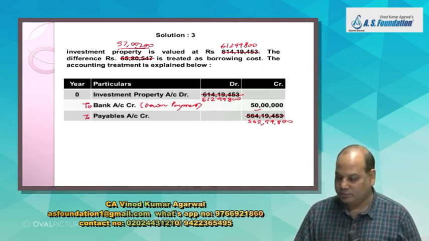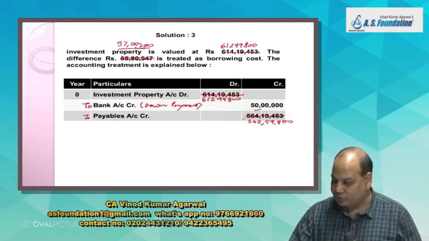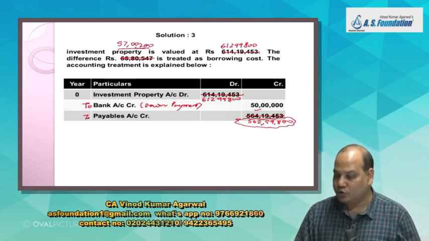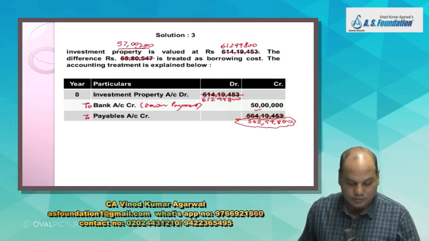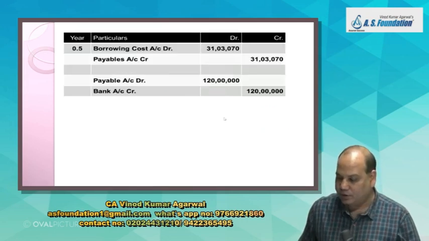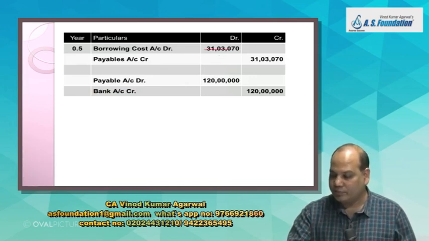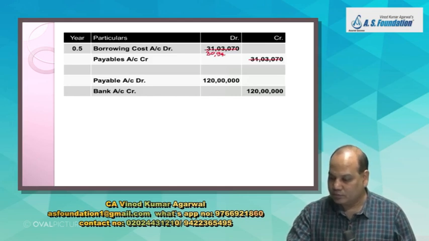Answer is not over. You have to pass entry for 2 more installments. Now this is your amount outstanding on which you will calculate interest for 6 months. Means multiply by 5.5%. Multiply by 5.5%, that number 30,96,489.